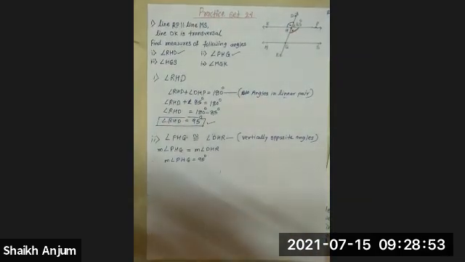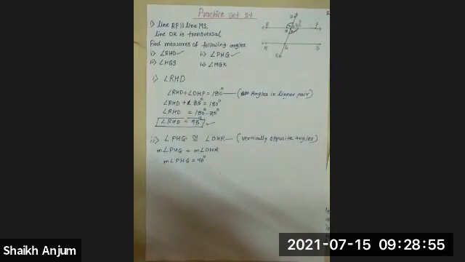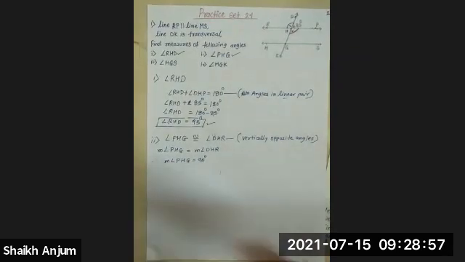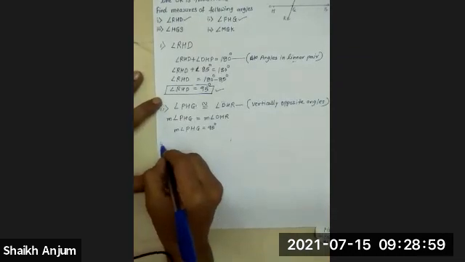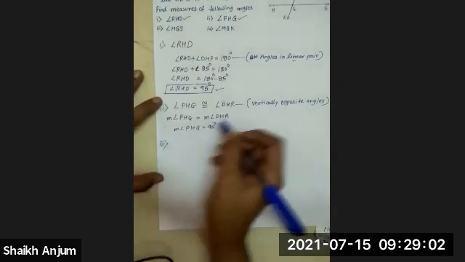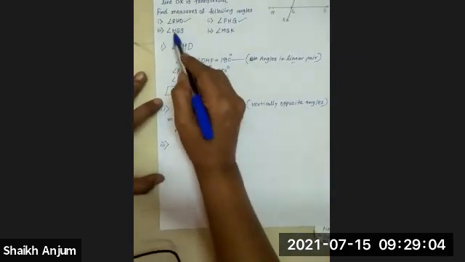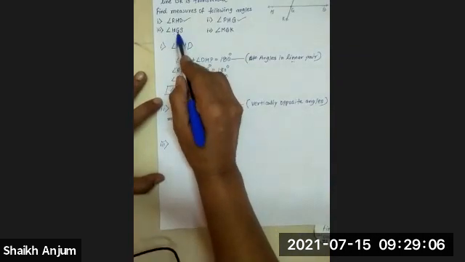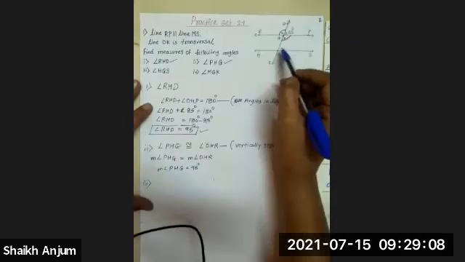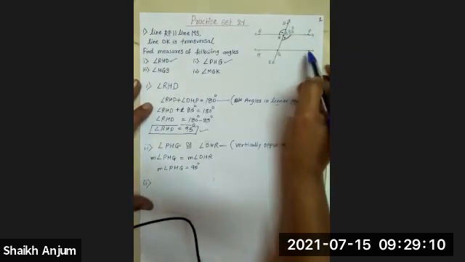Now the third angle we have to find here, angle HGS. Now where is HGS?